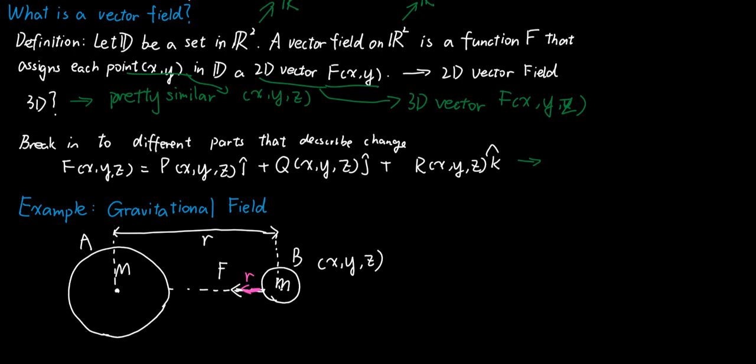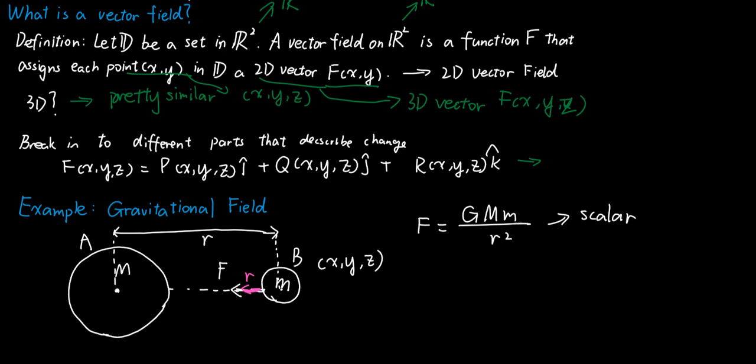So the force experienced by object B can be written as G M m over r squared. But here, it is the scalar form of the force.